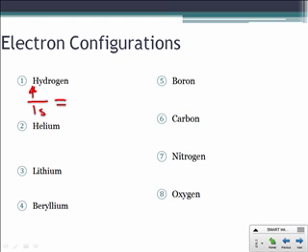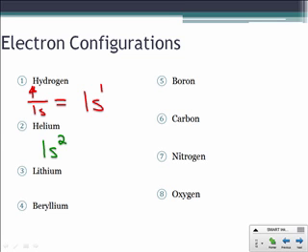So the electron configuration is written like this, 1s with a superscript 1 to show that there's 1 electron in there. This is where it's really important that you know the maximum number of electrons that can fit in each subshell. Because, for example, with helium, you end up with 1s2, since it has 2 electrons.